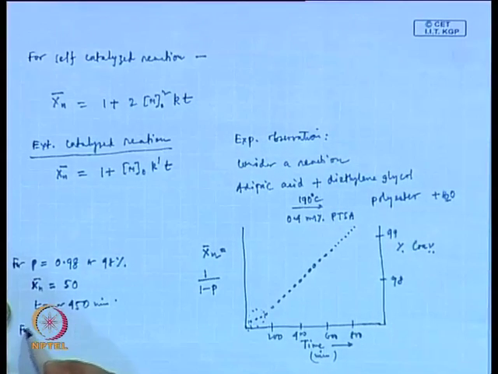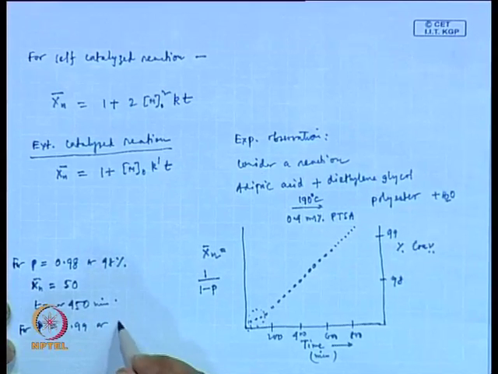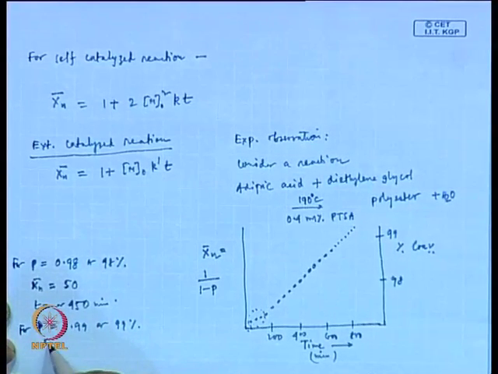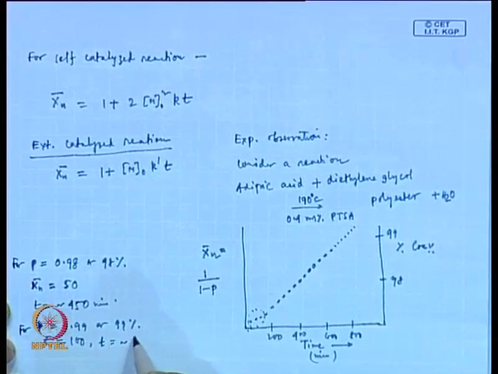For P of 0.99 or 99%, Xn corresponds to 100 and T is almost 850.